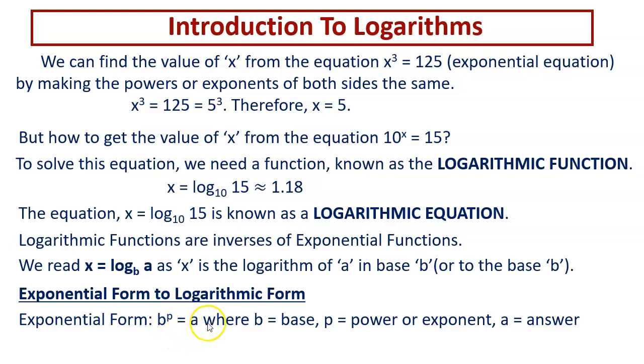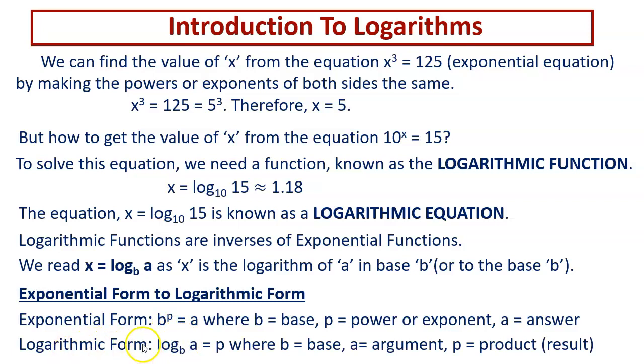If you remember these letters, it may be helping you a little at least. Okay, so b to the power of p equal to a. b is the base, p is the power or exponent, and a is the answer. Like over here, x is the base, 3 is the power, and 125 is the answer. Or over here, 10 is the base, x is the power, and 15 is the answer. This is the exponential equation which has to be converted to a logarithmic equation.